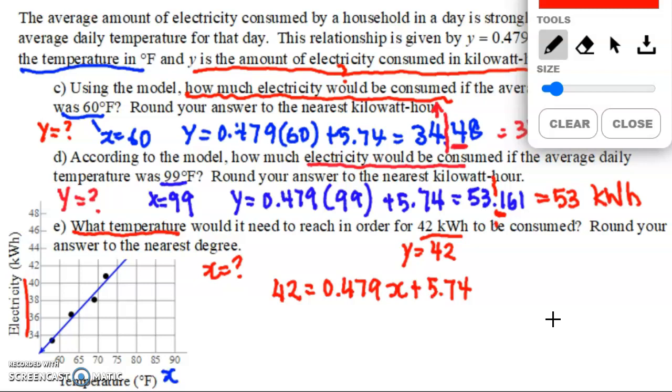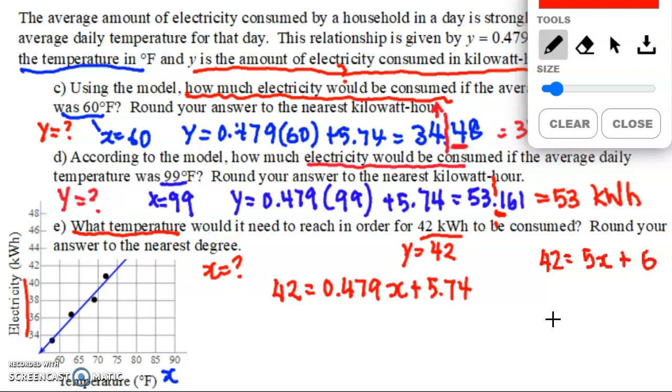So if it was something like this, what would you have done? If you had 42 is equal to, let's say, 5x plus 6. All right, so let's say this was 5x instead of 0.479x and this was 6. Okay, so let's just pretend it is.